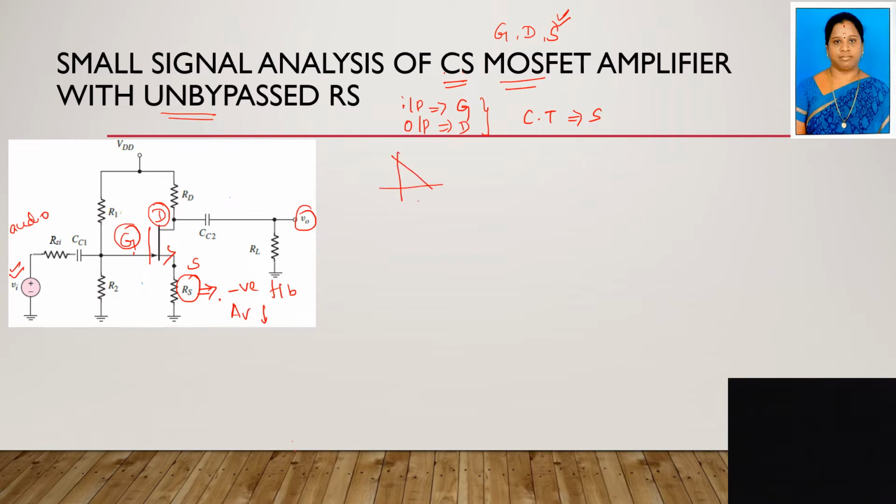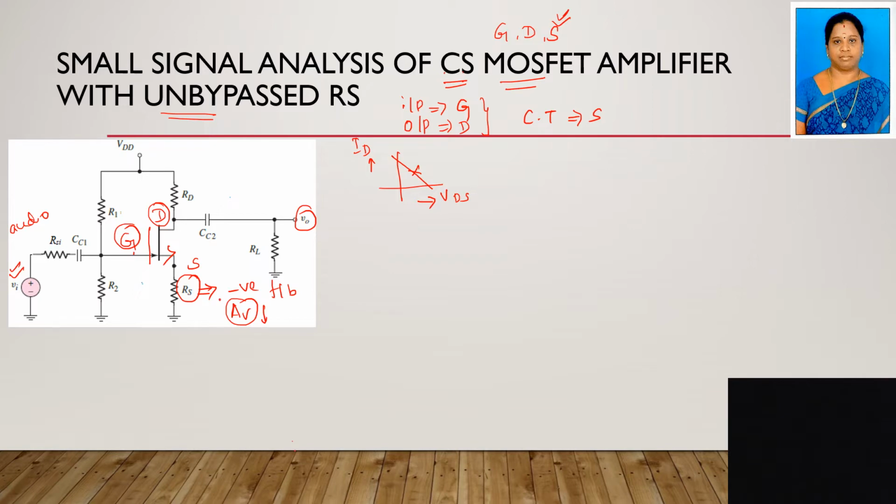In the x-axis we have the VDS voltage, in the y-axis we have the ID current. Always we have to keep the Q point stable, near the center of the DC load line. Then only you will get faithful amplification. That's why we are using this RS. But the drawback is that it provides negative feedback, due to which the gain will be reduced. To compensate for that, we connect the bypass capacitor across this RS, right?